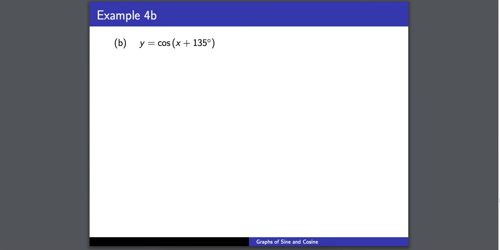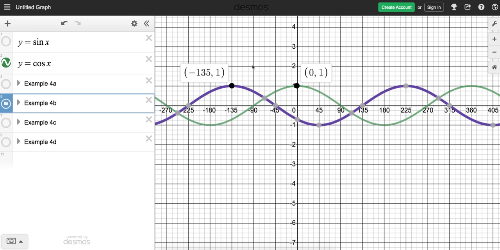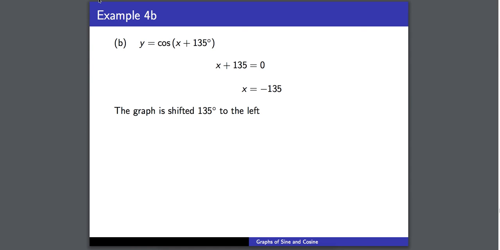So if we set x plus 135 equal to 0, we get x is negative 135 degrees, again indicating that our graph in green was shifted 135 degrees to the left to produce the graph in purple. So it's a 135 degree shift to the left.